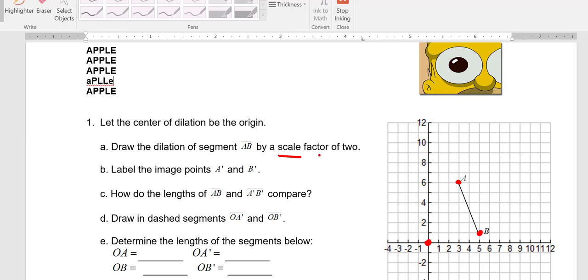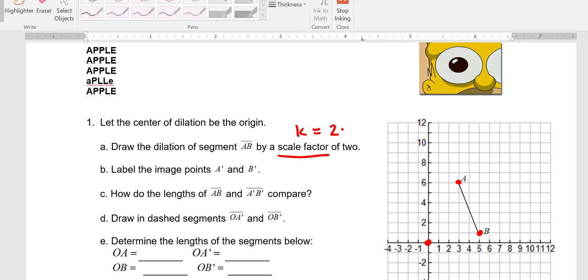When we talk about a scale factor, it's K equaling 2. Keep in mind that when the scale factor is bigger than 1, it's going to get bigger, and if the scale factor is less than 1, it's going to get smaller.